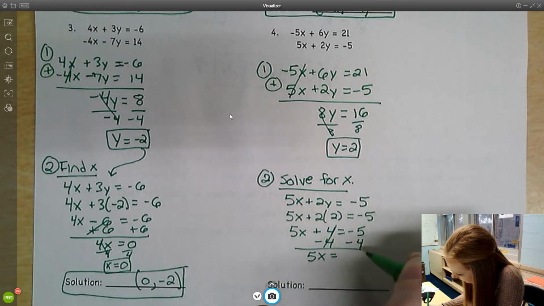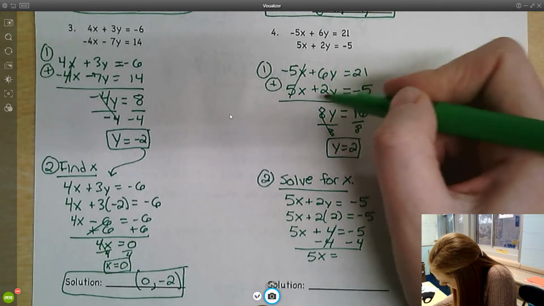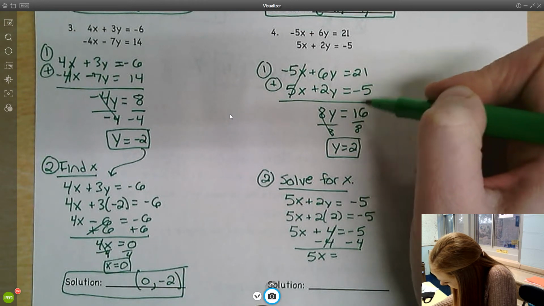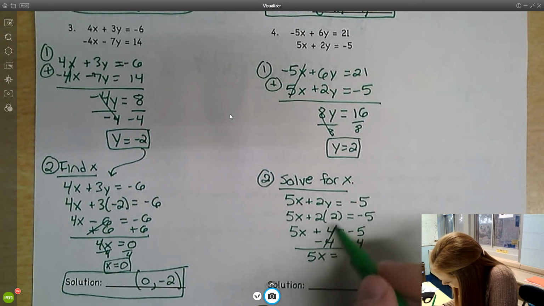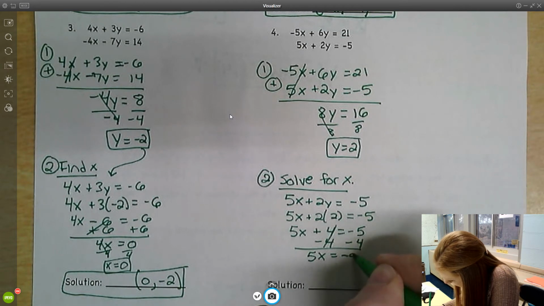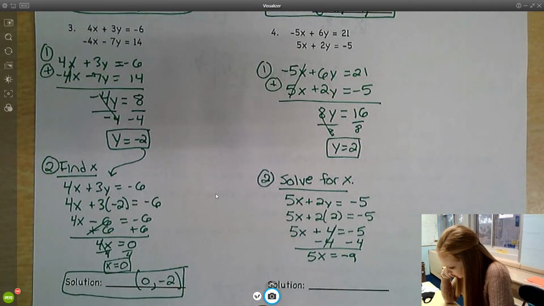You end up with, what did I do wrong? Y is 2. 2 times 2 is 4. Negative 9. This one's not working out neatly.